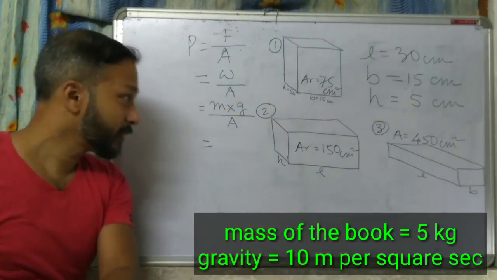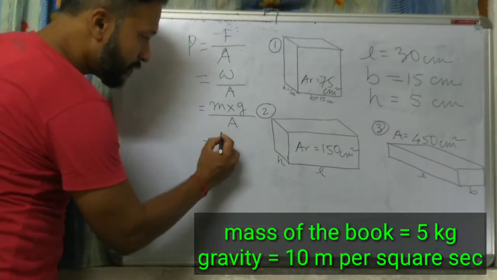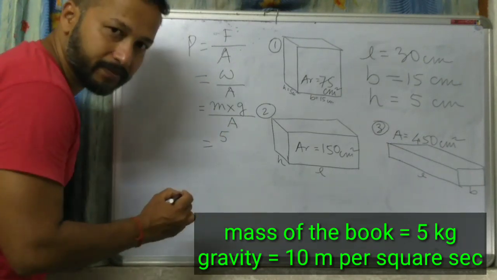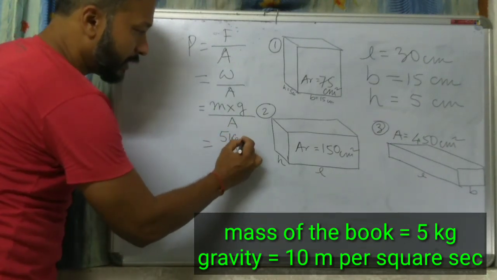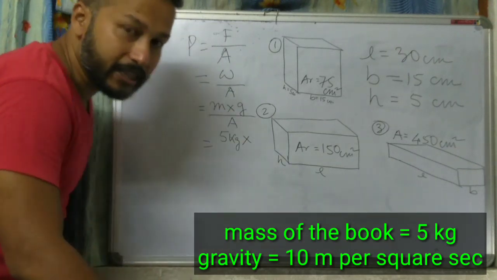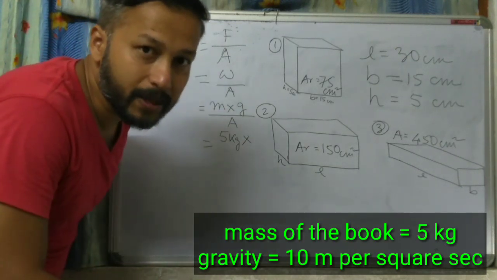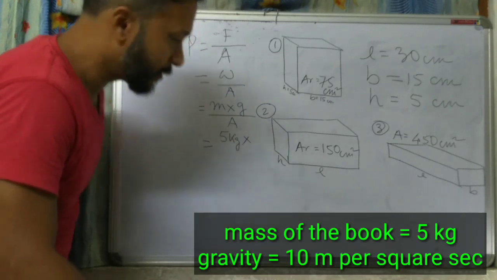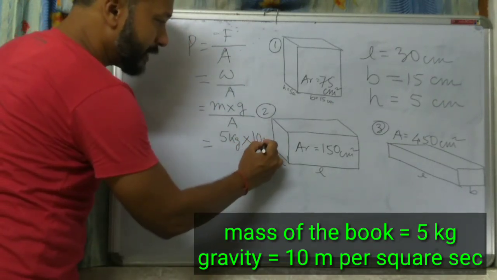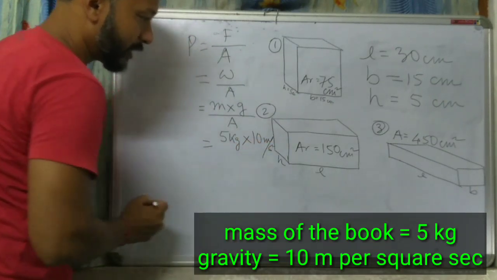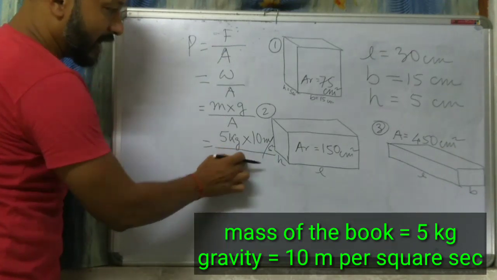Got it? So mass of the book is 5 kg, into gravity. The value of gravity is 10 meter per second square, so I am taking 10 meter per second square by area.